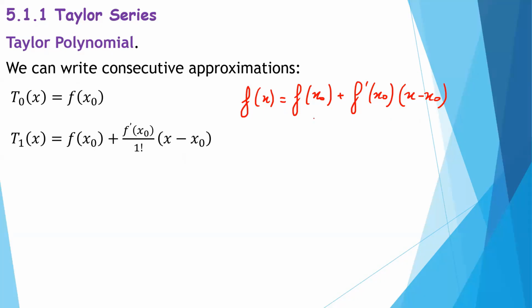This is the equation of the tangent line to the graph of the function at the point x0, f of x0. The graph of a polynomial of degree 1 is a line, and this is called the linearization. We replace f by a linear function, a polynomial of degree 1. But we can, of course, go further and improve the approximation.